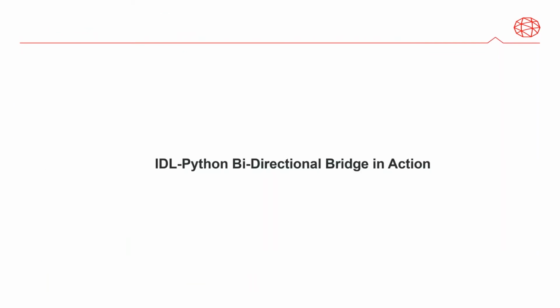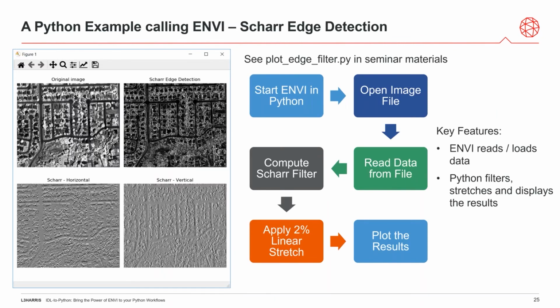Okay, so let's see this in action. Here's an example. We're going to be in Python, and we're going to call some of the ENVI routines, produce a result and plot this in Python. So here's the workflow in the middle of the screen. We're going to start ENVI in Python, much like you just saw us do in the code on the previous slide.